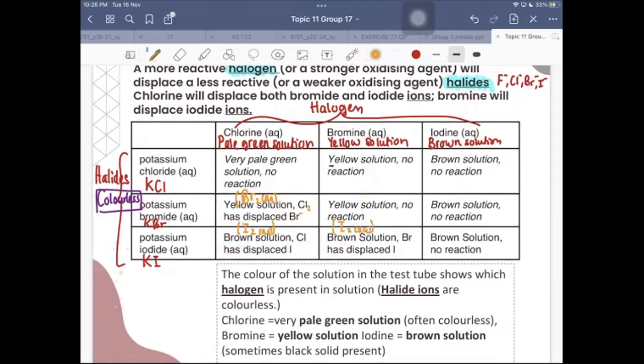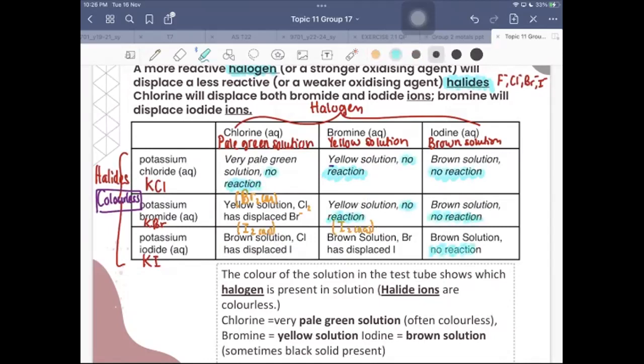Okay. Whereas iodine does not react with anything, so it stays as brown color. Okay, so there's no reaction. So please take note, no reaction happening. The reason why you see color is actually just the original color of your halogens.